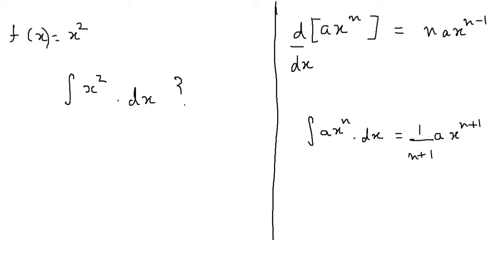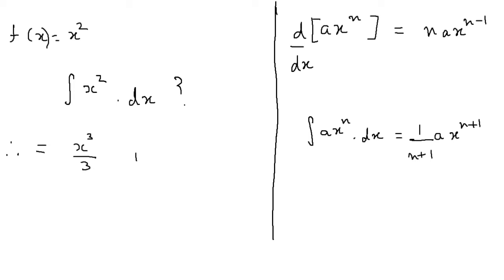Using this, we can now solve the expression, the integral of x squared dx. By using this inverse power rule, we get that the integral of x squared dx is x cubed over 3.